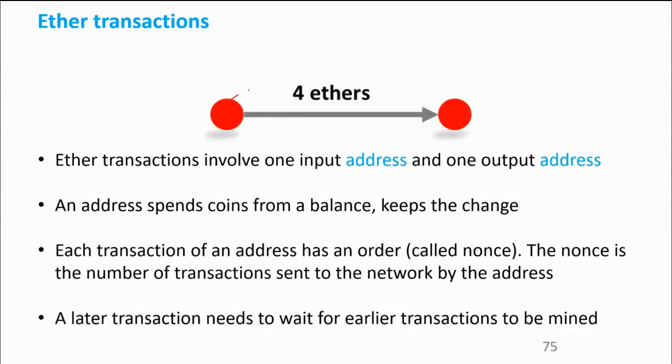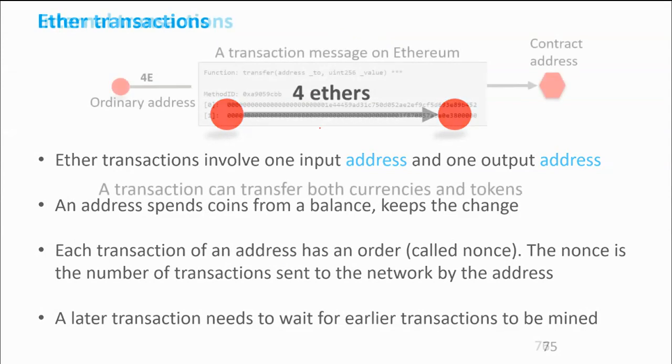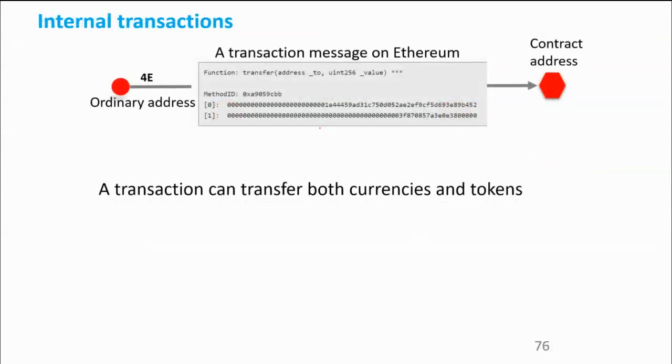So for example, if this address has multiple transactions, this will have index 0, this one will have index 1, and so on. So you can kind of see every transaction, and when they happen, you can give nice time stamps to them. Okay. Now, internal transactions are a bit different.